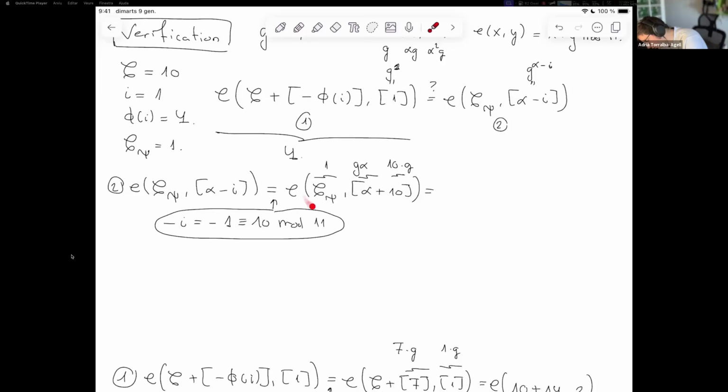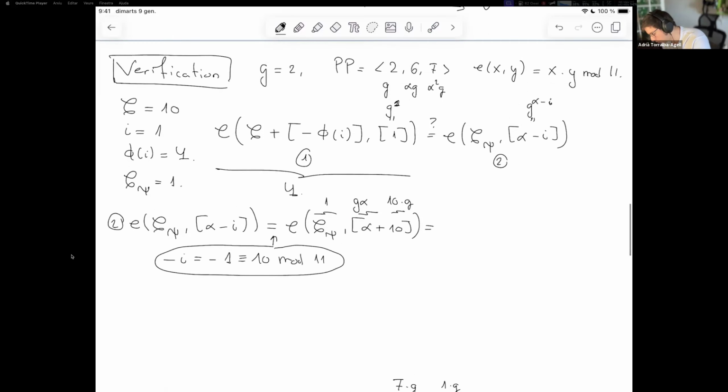If you want, we replace all these things, and we're trying to compute this pairing. So we have E of 1, comma, 6 plus 20.